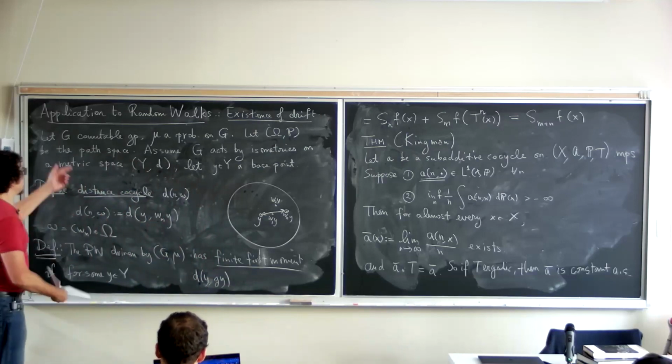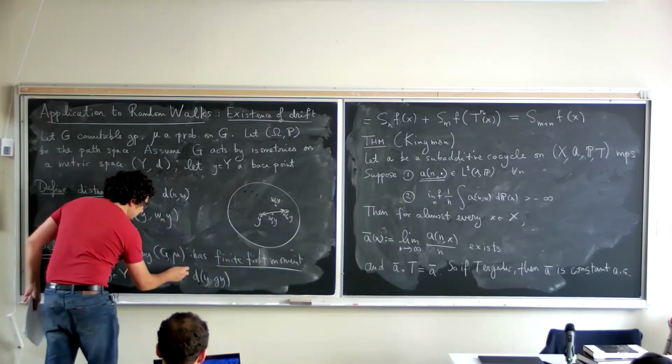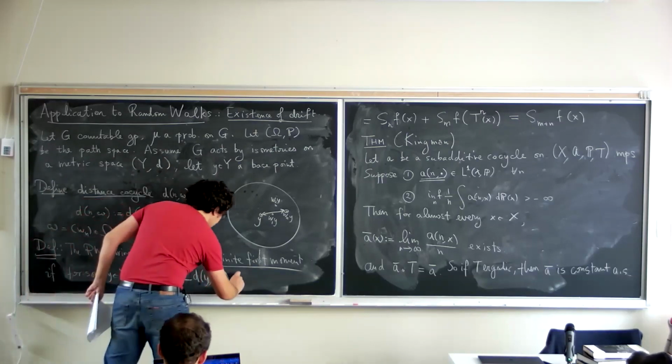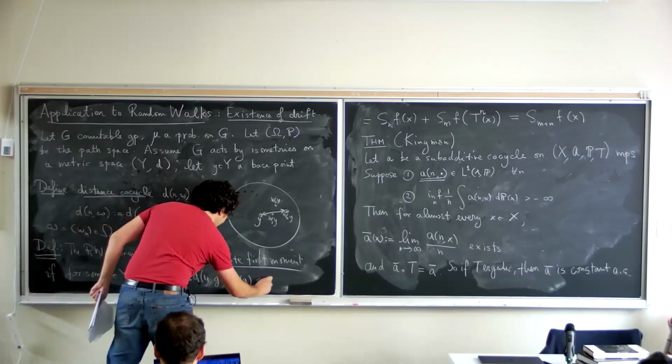But this is a countable group, so we can even just say that the sum of this times mu of g is finite.